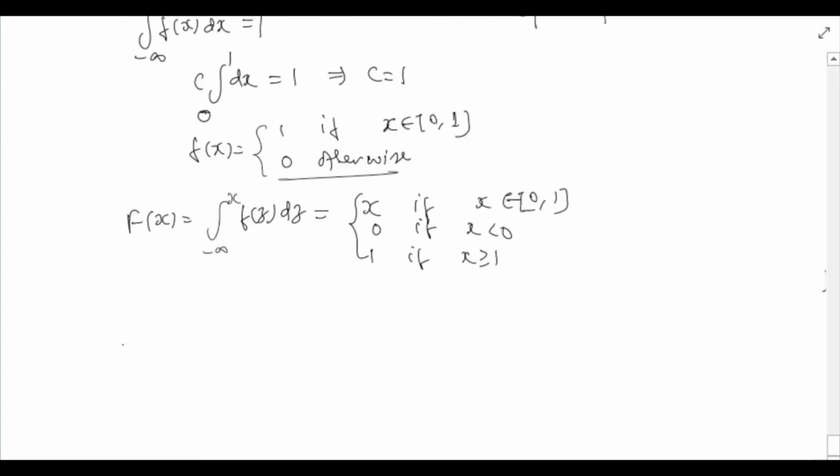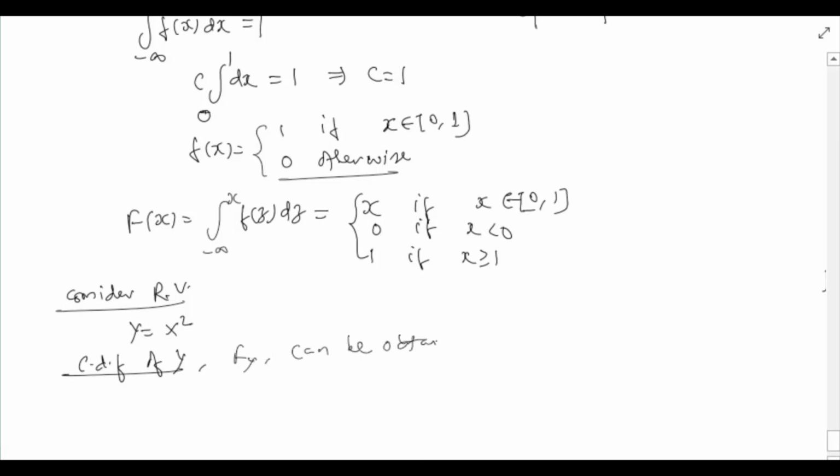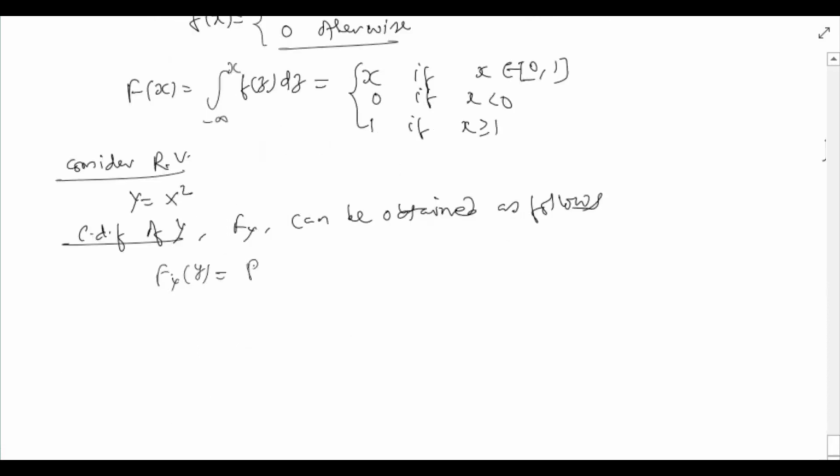Now suppose Y is another random variable that is given by X square. Then the CDF of Y can be obtained from the CDF of X as follows. F_Y(y) is the probability that Y will be less than or equal to small y.